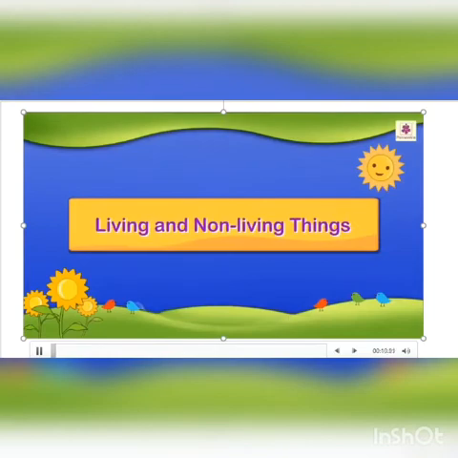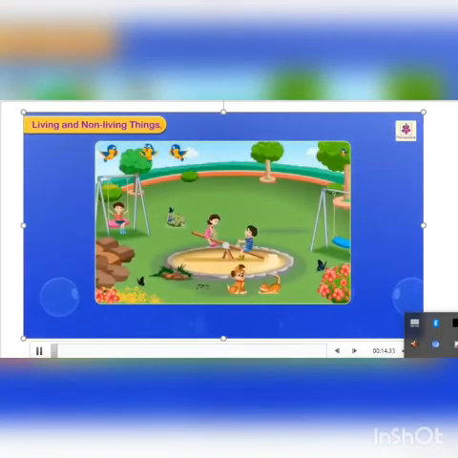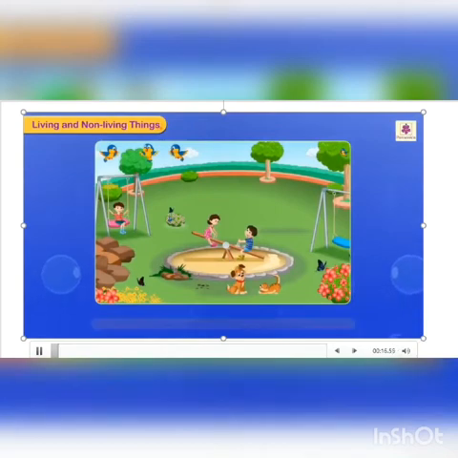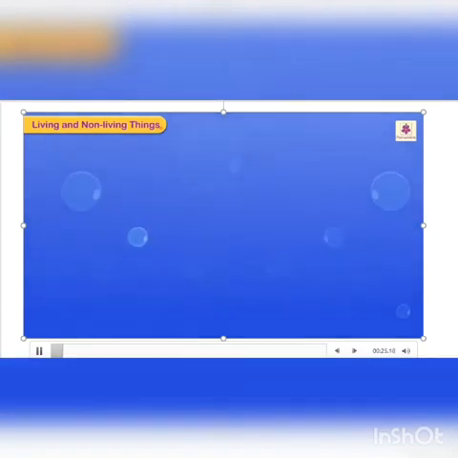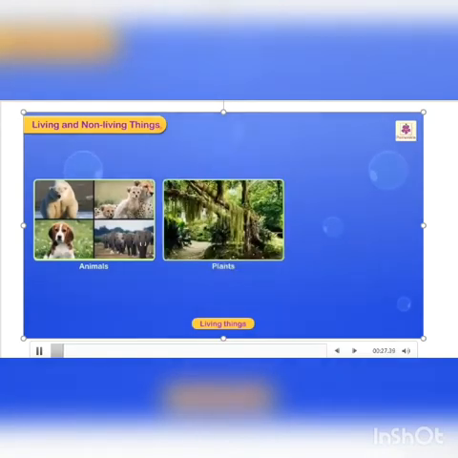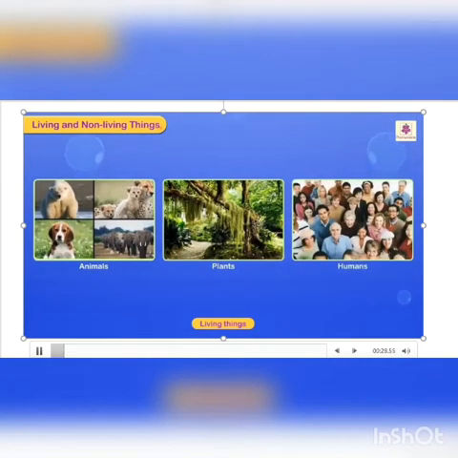Living and non-living things. All natural things that we see around us are either living or non-living. Animals, plants, and humans are examples of living things.